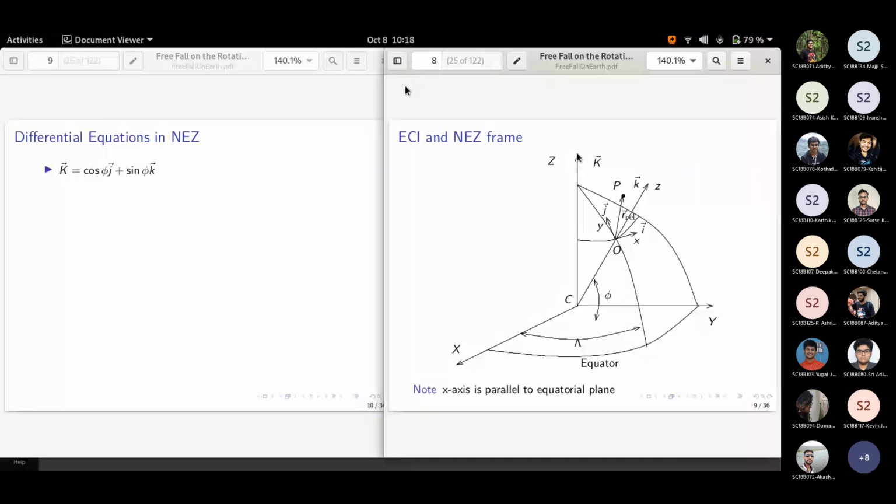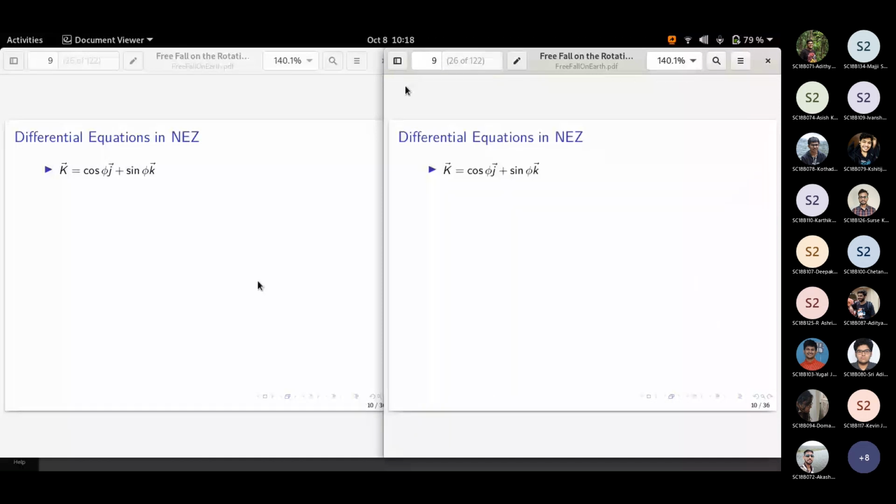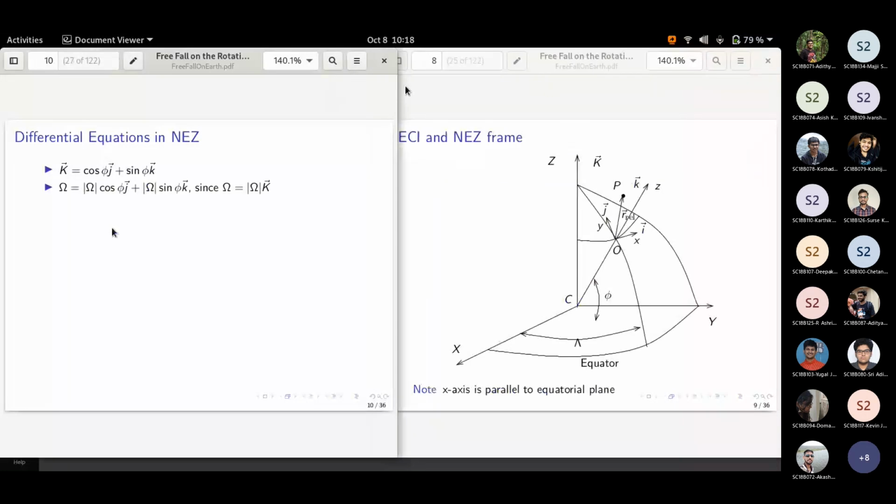It is broken down into north and zenith because east is always orthogonal to the K direction. Therefore, omega is modulus of omega cos phi j plus modulus of omega sin phi k, since omega is modulus of omega times k.